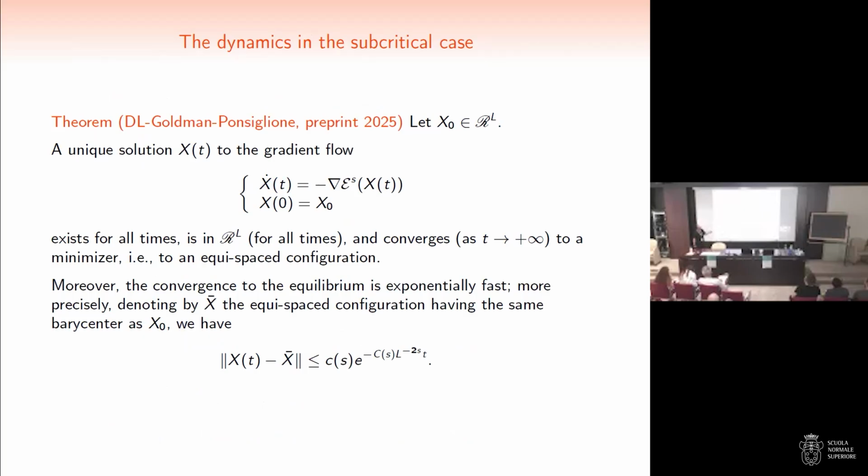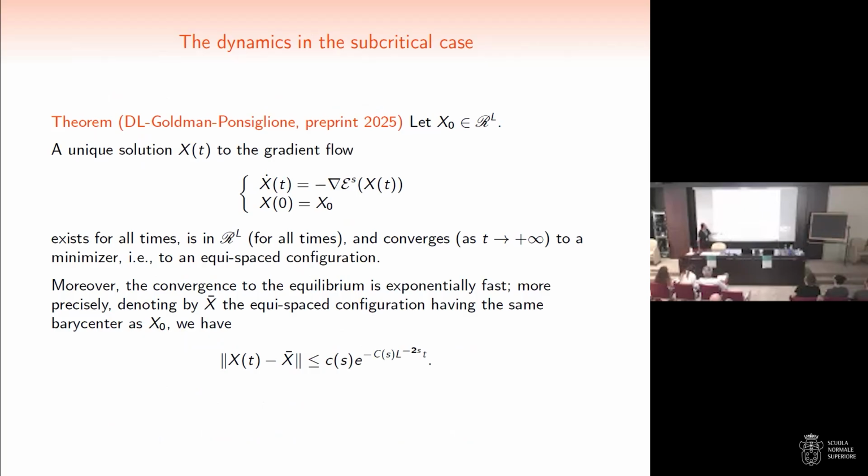then considering the gradient flow of the energy starting from this regular configuration, this gradient flow exists for all times with no collision of particles and converges, as time goes to plus infinity, to a minimizer, namely to an equispaced configuration. And moreover, in view of the estimate I showed you before, the convergence to the equilibrium is exponentially fast.